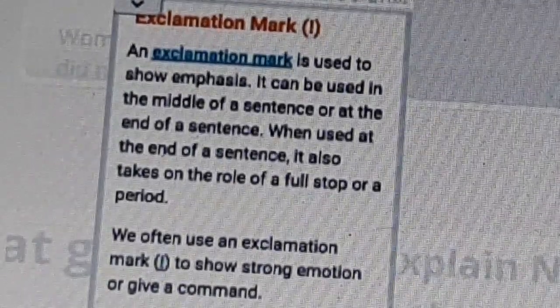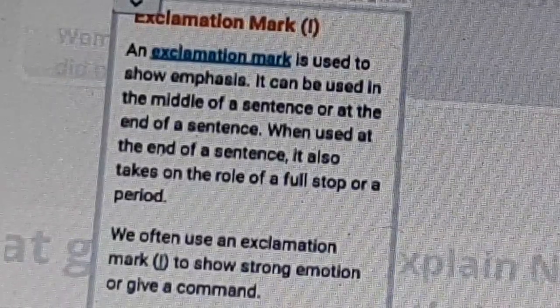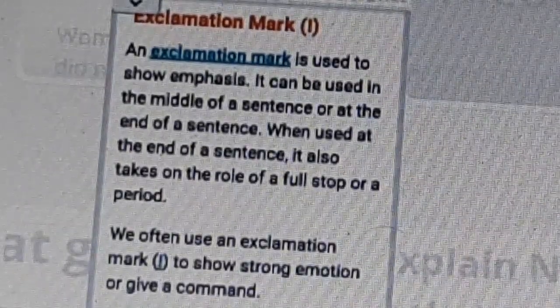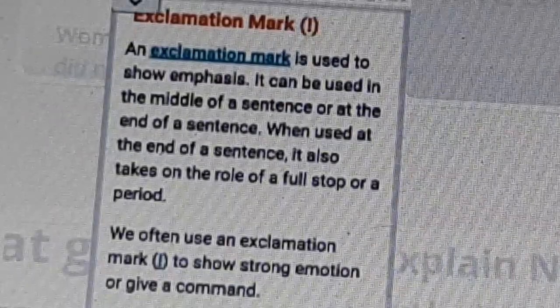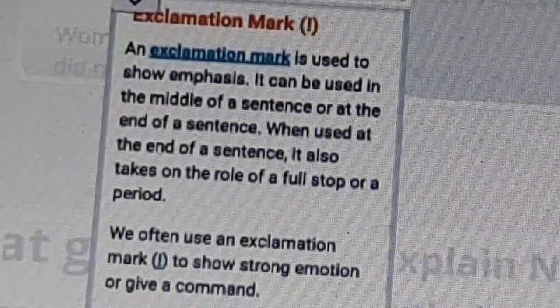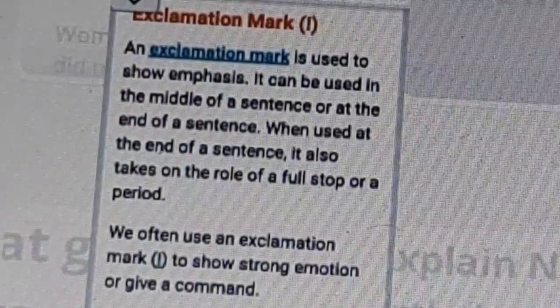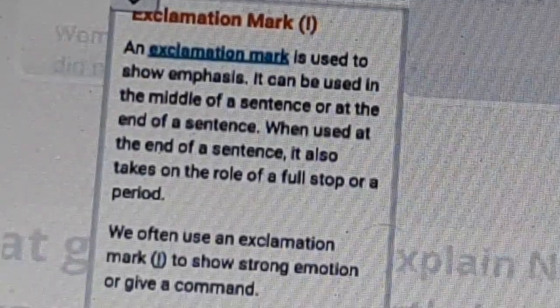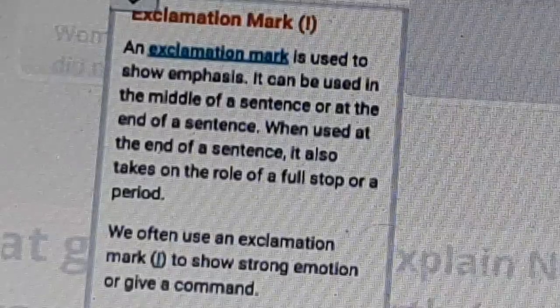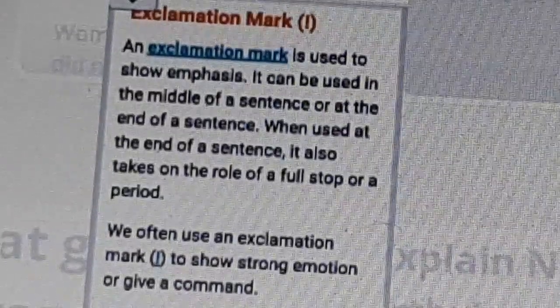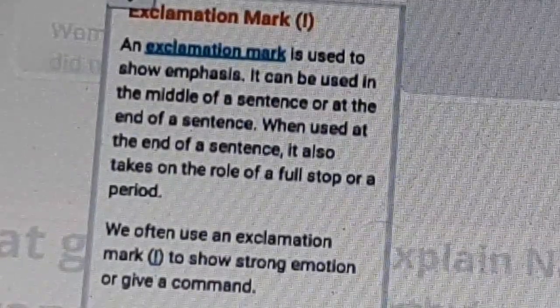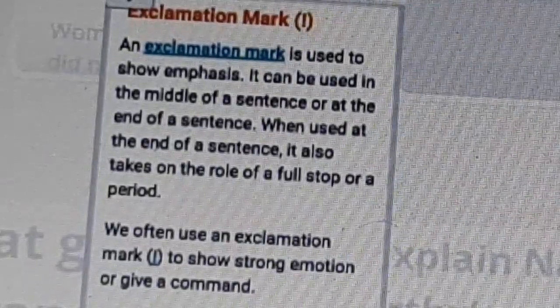An exclamation mark is used to show emphasis and also excitement. It can be used in the middle of the sentence or at the end of the sentence. When used at the end of a sentence, it also takes on the role of a full stop or a period.